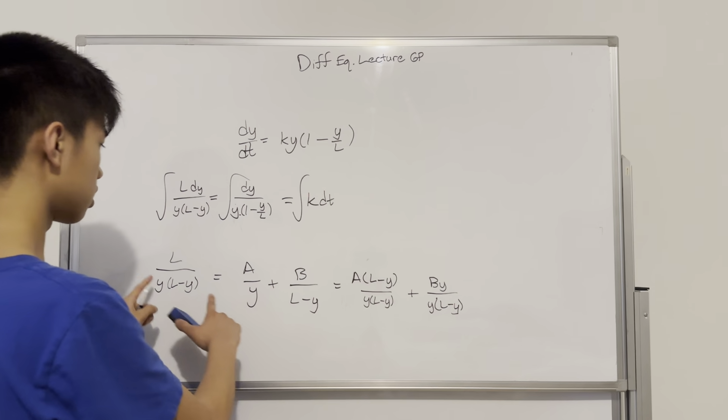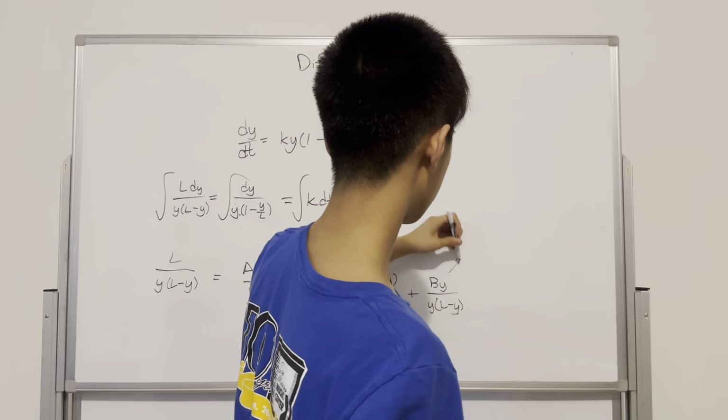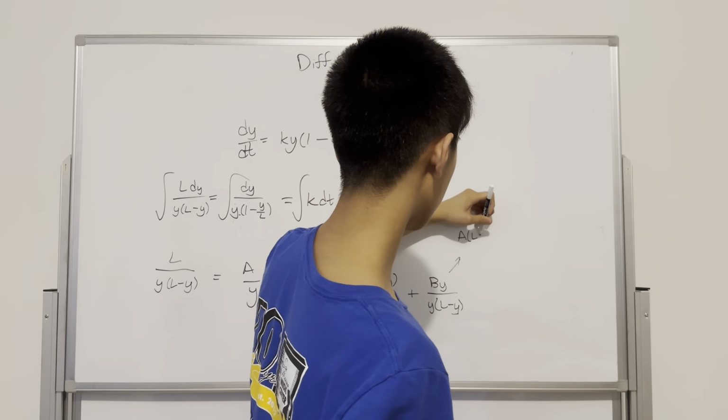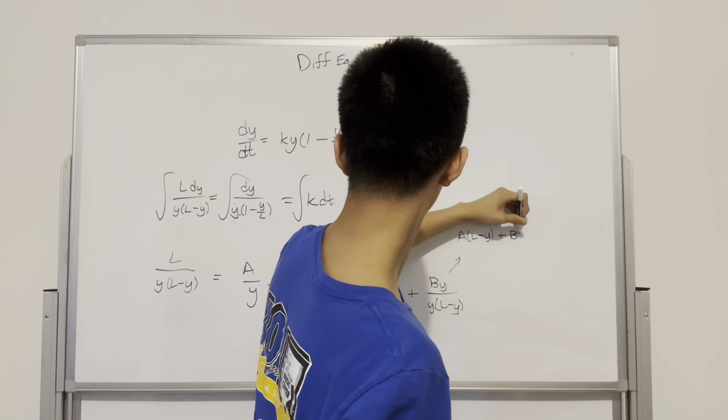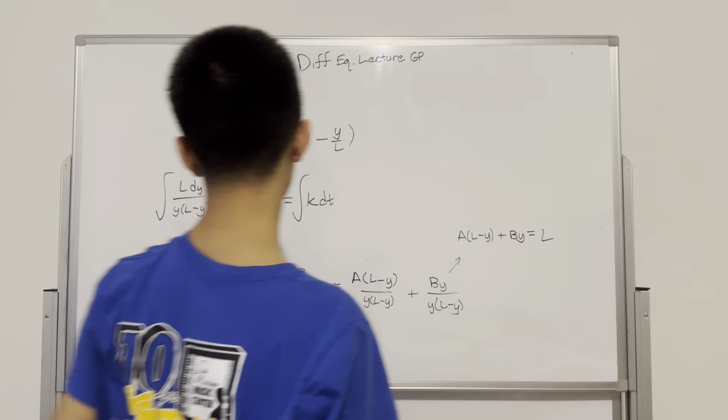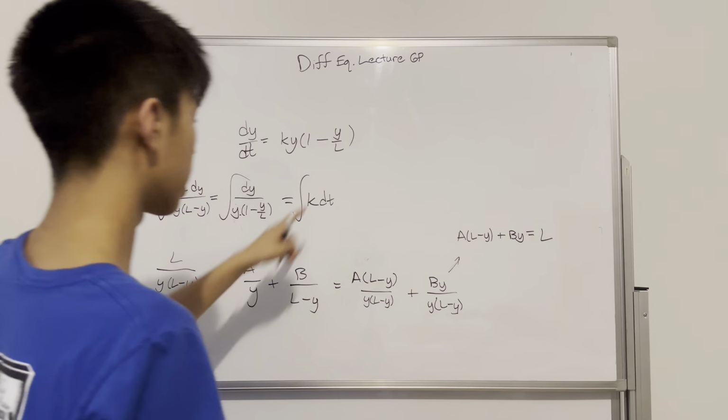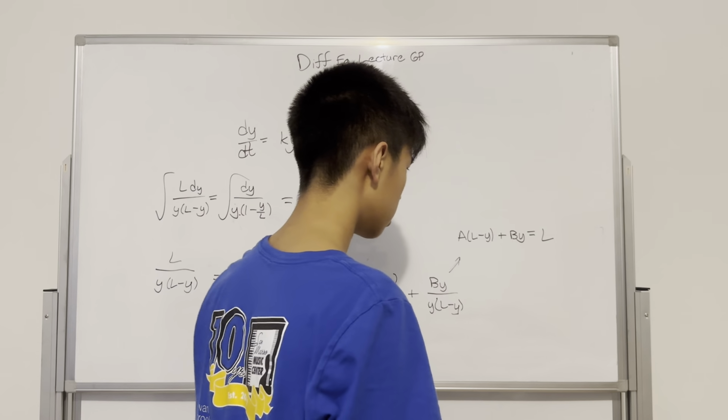So we have A times (L minus y) plus By equals L. Remember, L is a constant. L is the carrying capacity for our ecosystem.